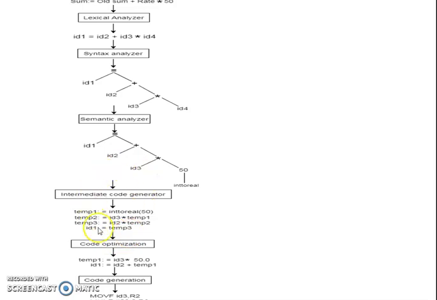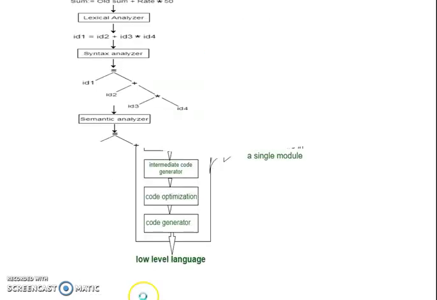The next temporary is going to be assigned to the identifier. So this is the 3-address code, and code optimization will remove the unnecessary code. And at the end it will generate the target code, that is the machine code. Thank you.